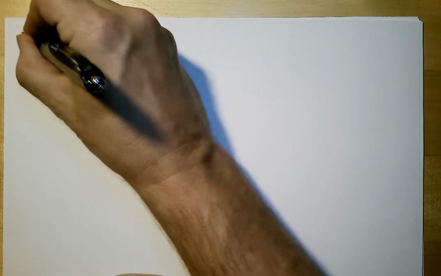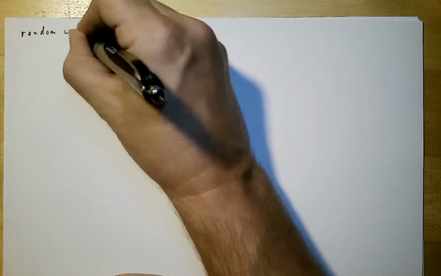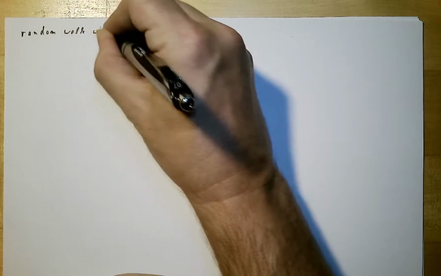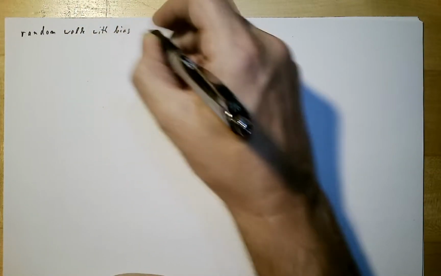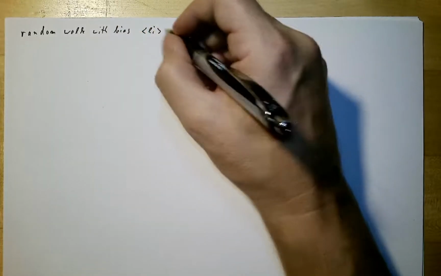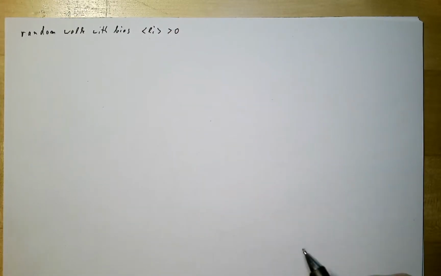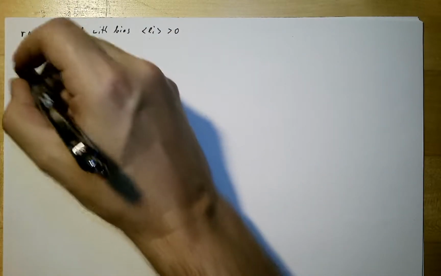So let's have a random walk with bias. This means the expectation value of the increments is, for example, larger than 0. So what does it mean?